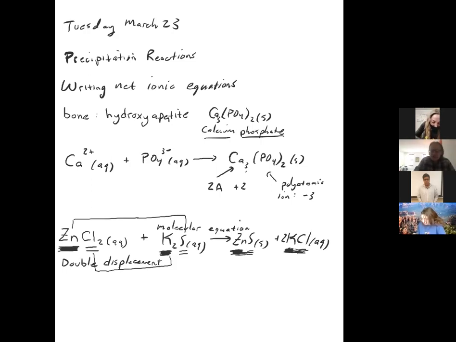I would first decompose, meaning break up each compound into what I would call its constituent ions, the ions that it's made out of. And the way you'll go about doing that is, again, thinking of each compound as binary, having 2 parts. So if you look at this one, I'm going to decompose it into 2 parts.